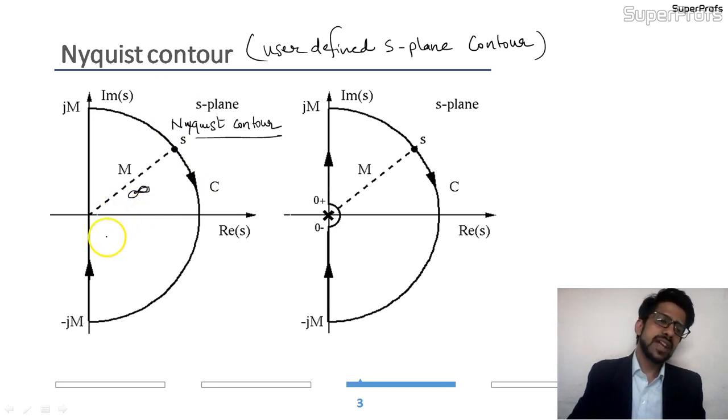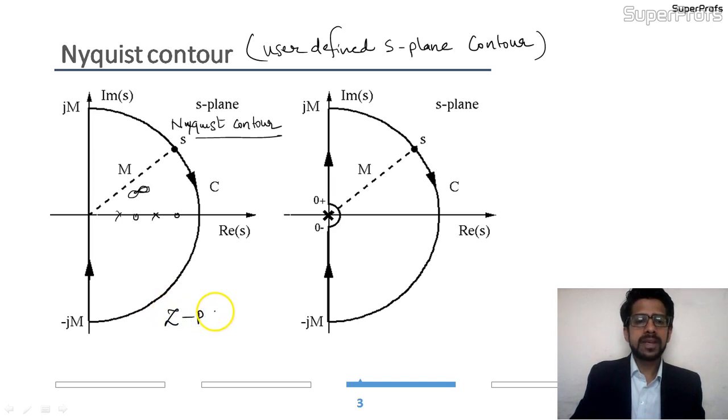Now, if there is any pole or a zero on the right hand side of S-plane, we will have some positive values of Z and P, and we will be getting N. Now, the catch here is we know what N is.